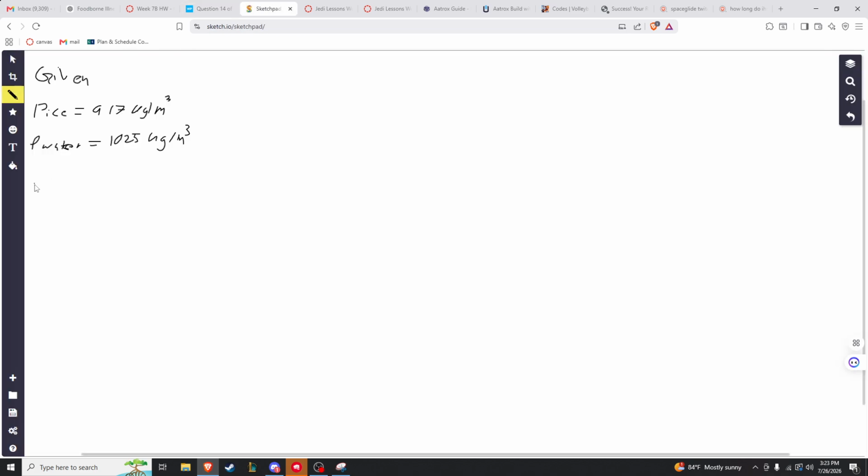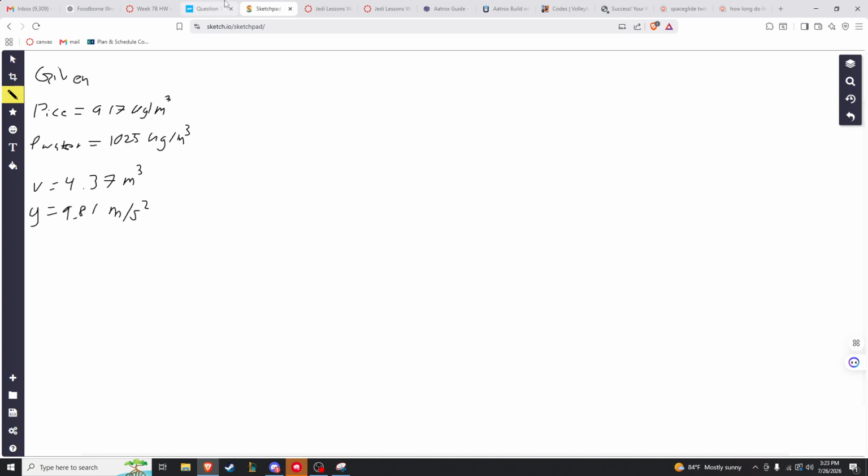We were also given the volume, 4.37, and the SI units is meters cubed. We're also given gravity, 9.81 meters per second squared.